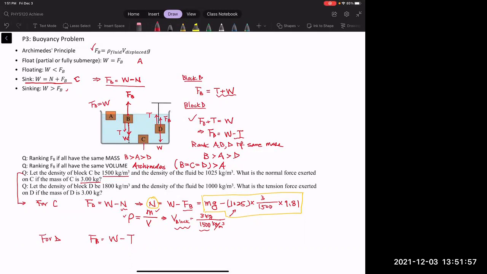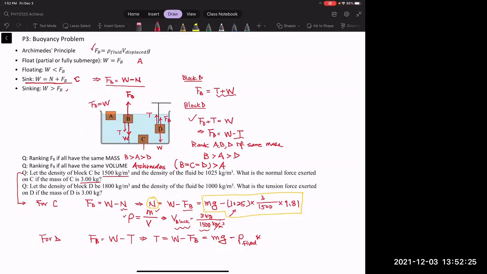So if you want to find the tension force, then let's write T is equal to W minus F of B. And what is W again? It's going to be mass times the gravity. And what is the F of B? The F of B is the rho of the fluid multiplied with the volume of the object.